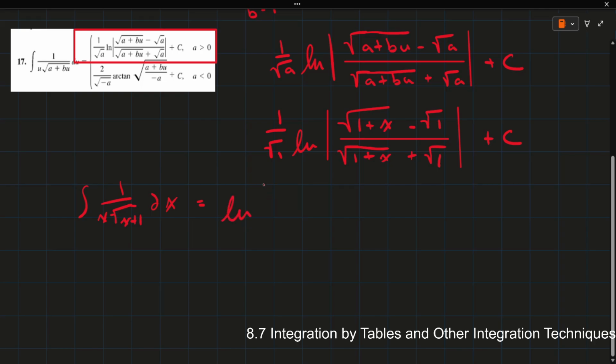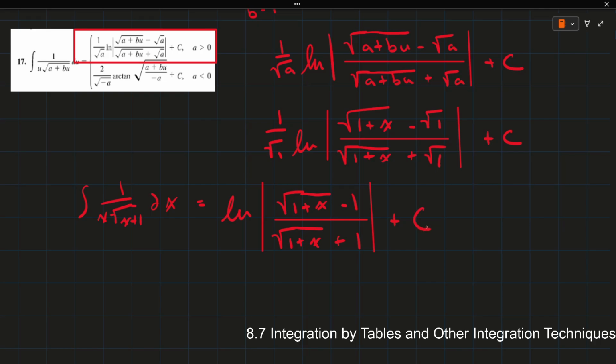So we got ln of 1 plus x, which is the same thing as x plus 1, but root 1 is just 1, over 1 plus x plus root 1, which is just 1, close the absolute value, plus c.